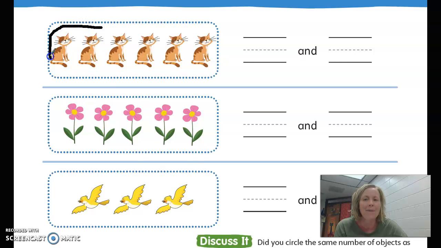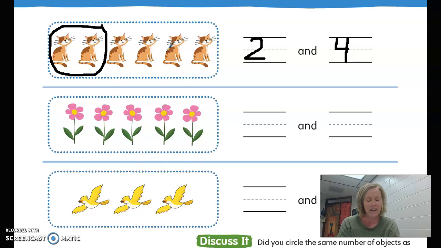All right, I'm going to circle 2. I think 2 needed to go outside. So I would say 2 cats went outside, 4 cats stayed inside. 2 and 4 equals 6.